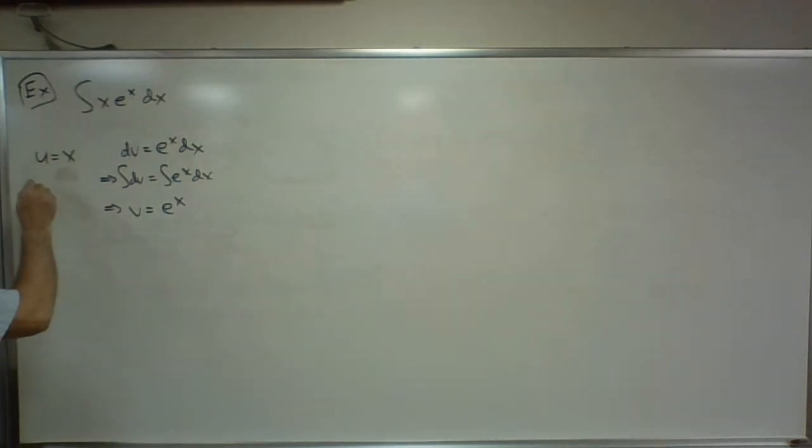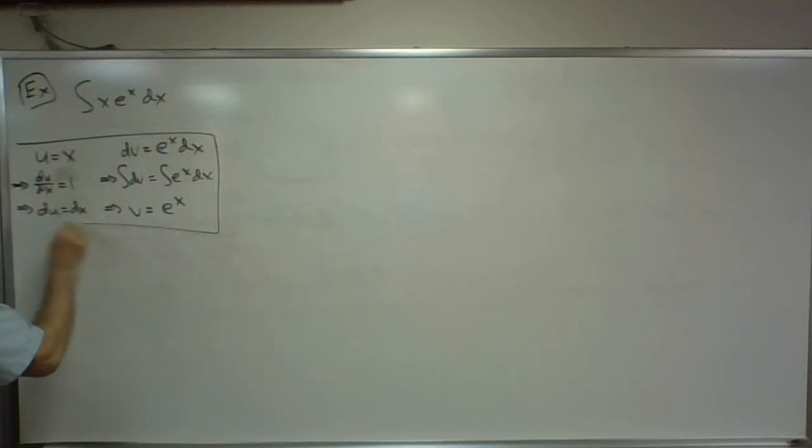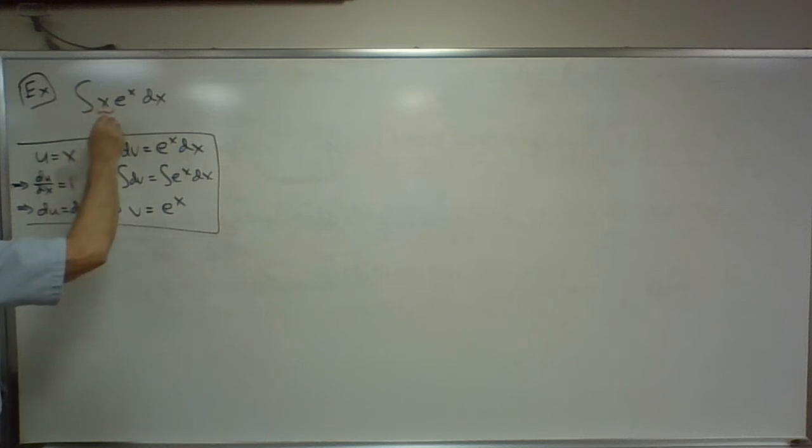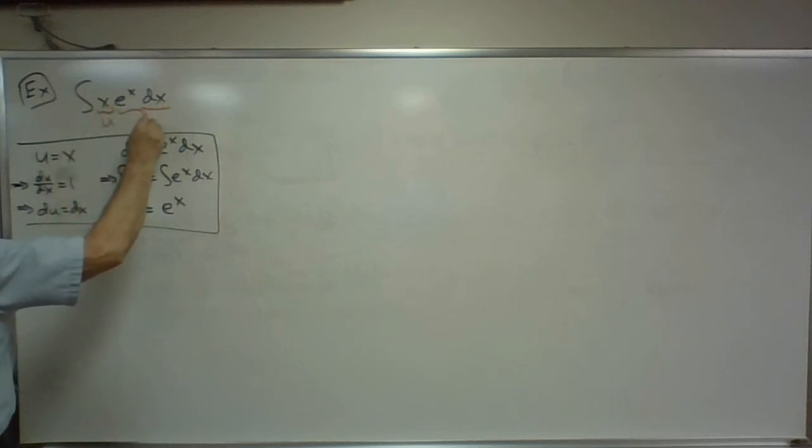Okay, u is equal to x. Du dx equals 1, which means du equals dx. Cool. Analyzing our integral, we have u dv.